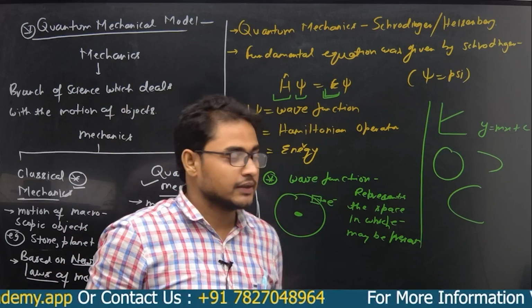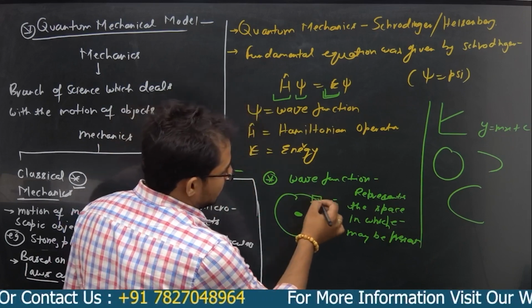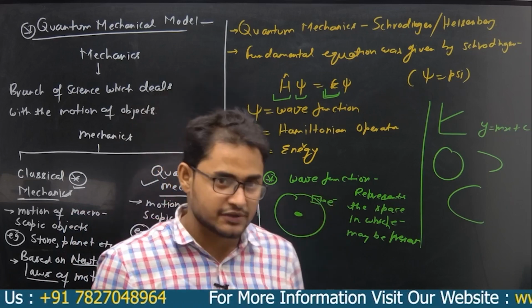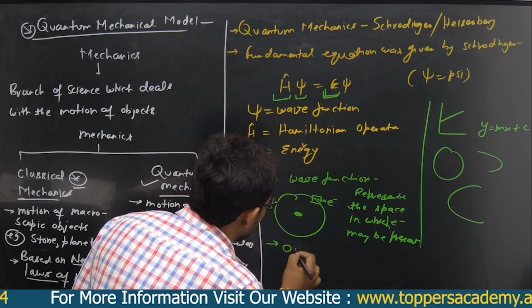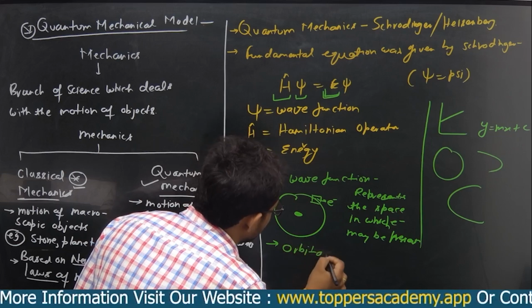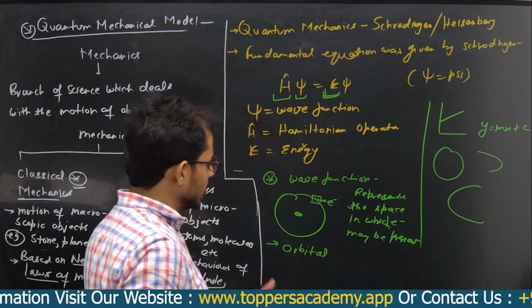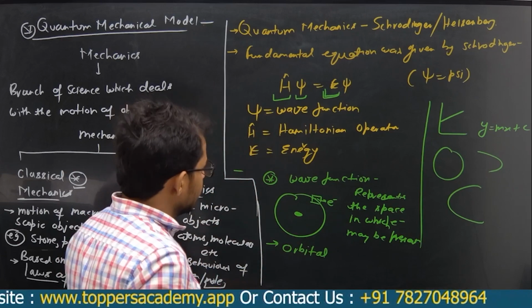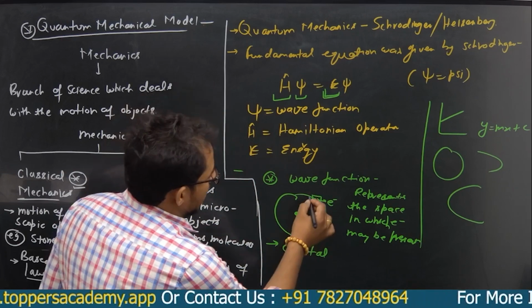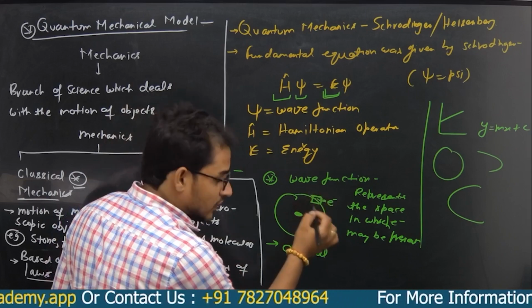And generally this space in which the probability of finding the electron is maximum is known as an orbital, and we can call it an atomic orbital because it is the orbital of an atom. So this is the atomic orbital in which the electron may be present.